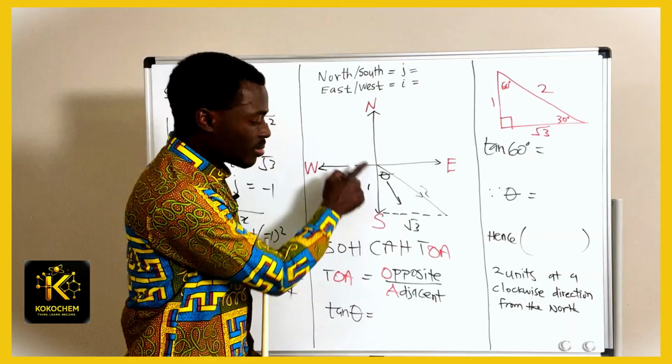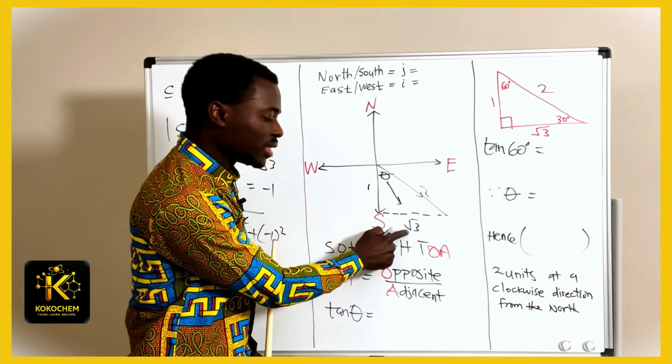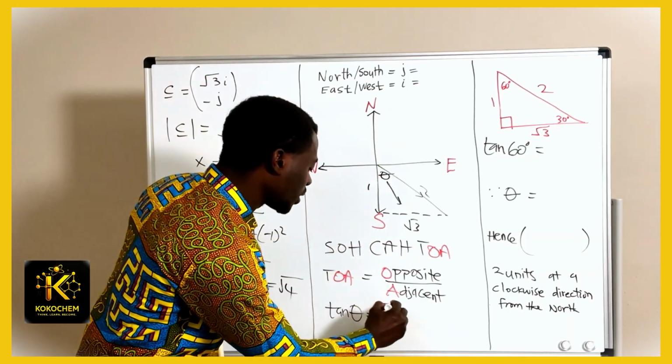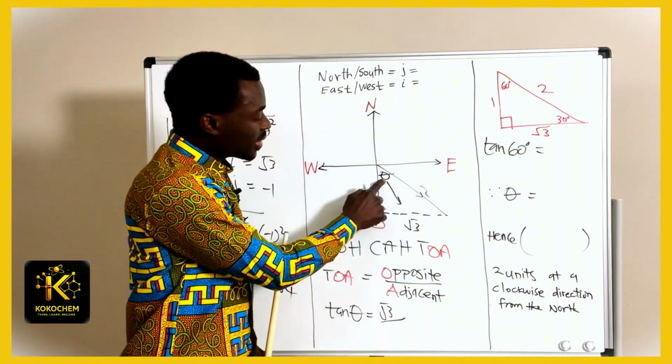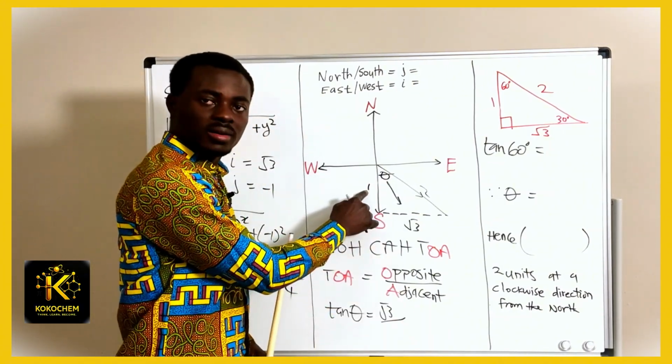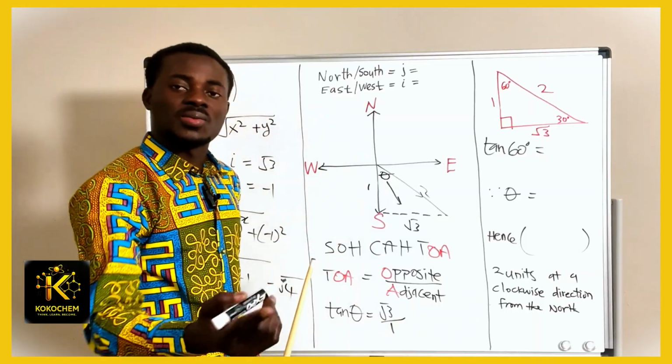Here the opposite is root 3 and the adjacent is 1, so root 3 divided by 1 is root 3.